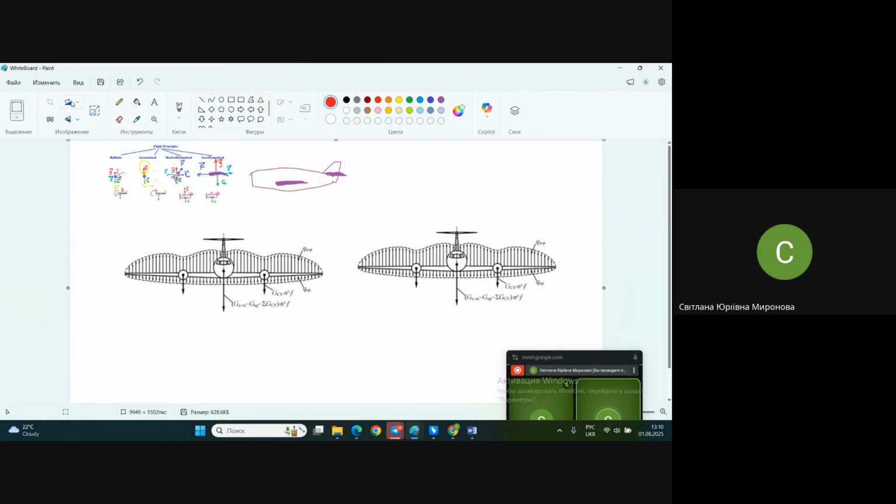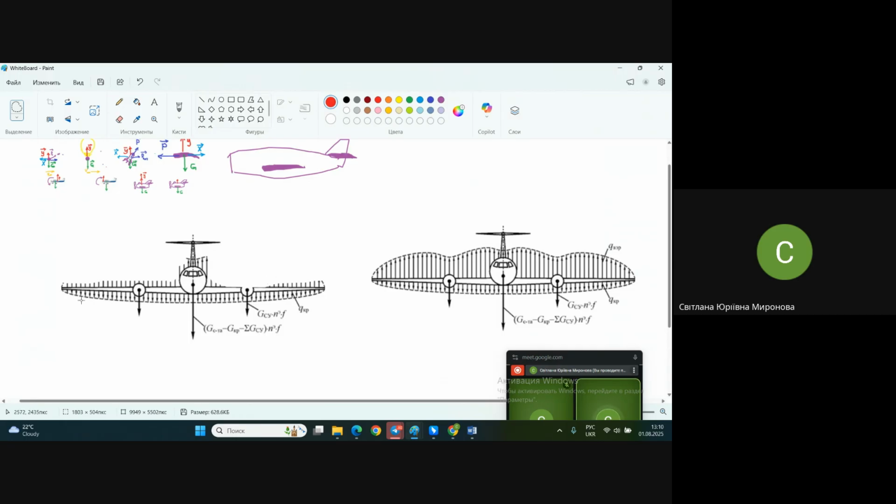Look, there is a load of its own weight, like gravitational forces acting. And on the ground, the airplane loading looks like this. It has only forces acting down.